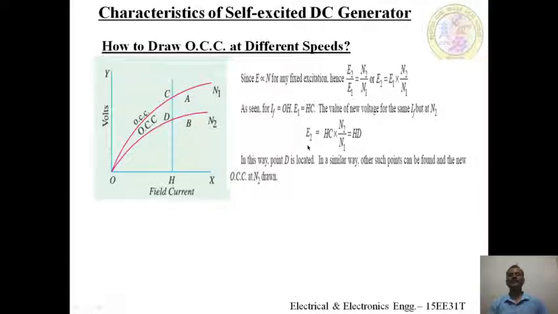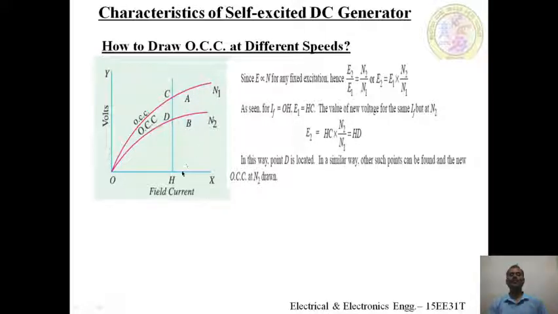From this equation, E2 is equal to E1, the value of E1 from the OCC for N1 being HC, into N2 by N1. N2 is the new speed, and N1 is the speed of the existing OCC.